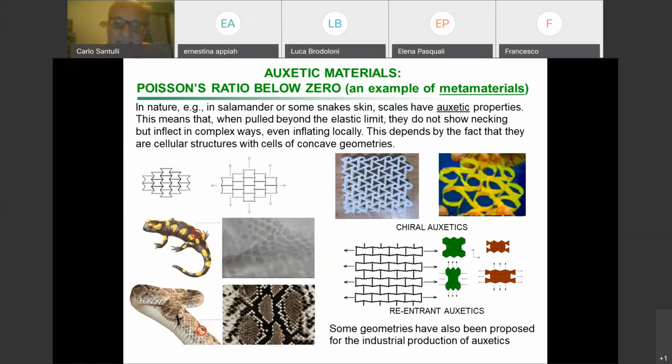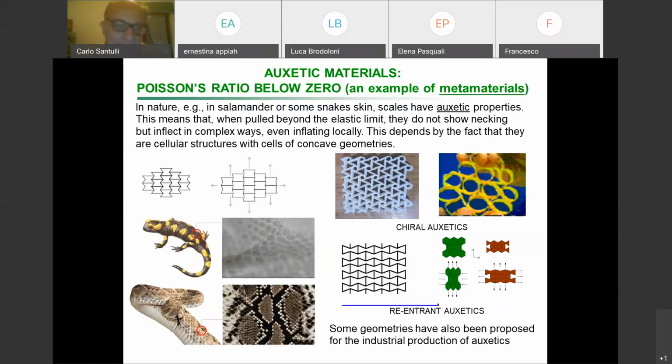That's why, in practical terms, these auxetic materials were introduced here, because these are examples of metamaterials. I will talk about metamaterials later on in the next lecture, because they have properties different from what we expect from materials.